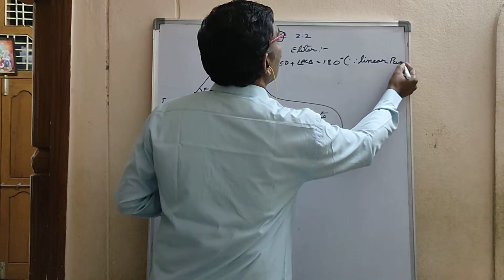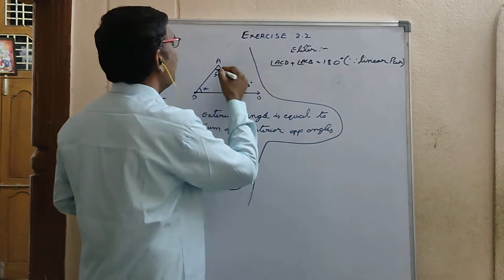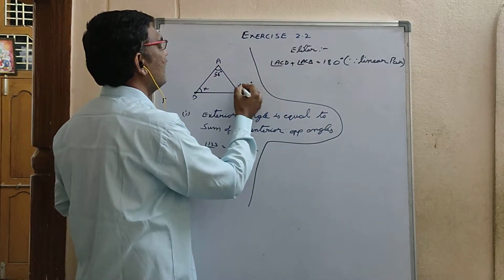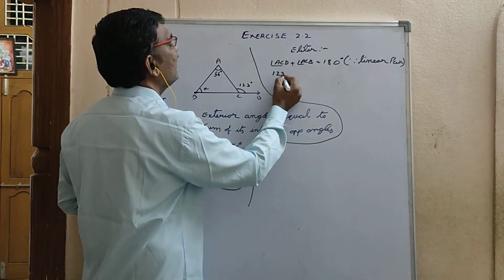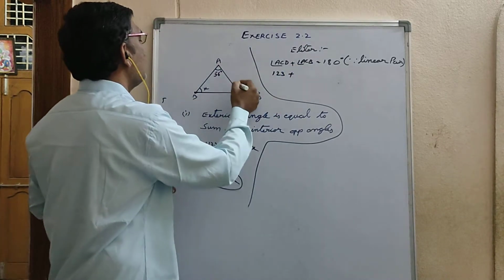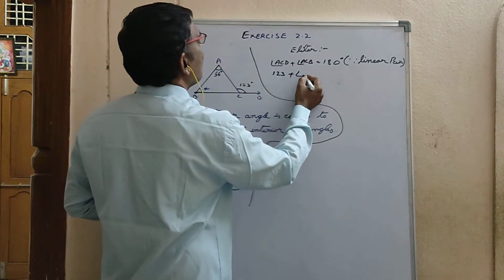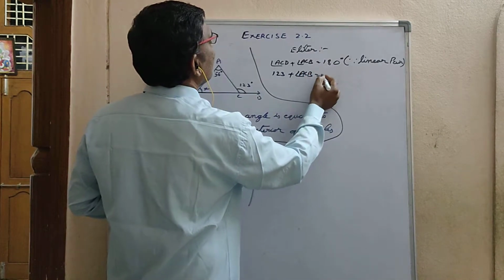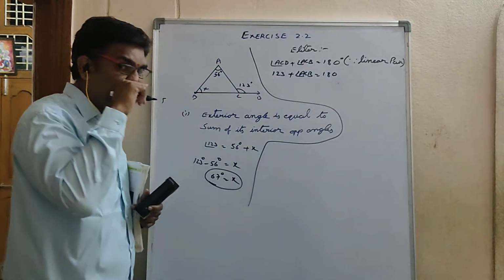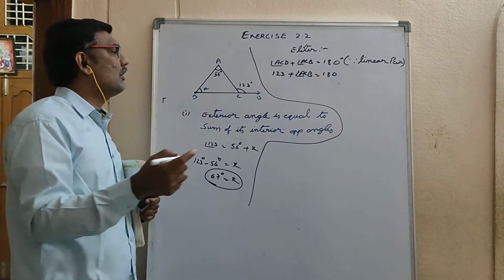Angle ACD is 123 degrees. What is angle ACB? We don't know. Angle ACB only you are writing, is equal to 180.